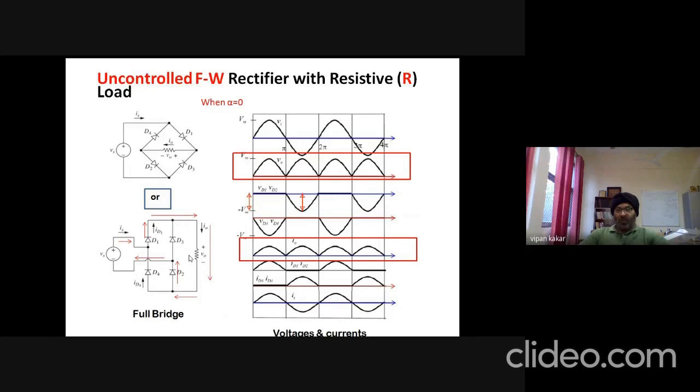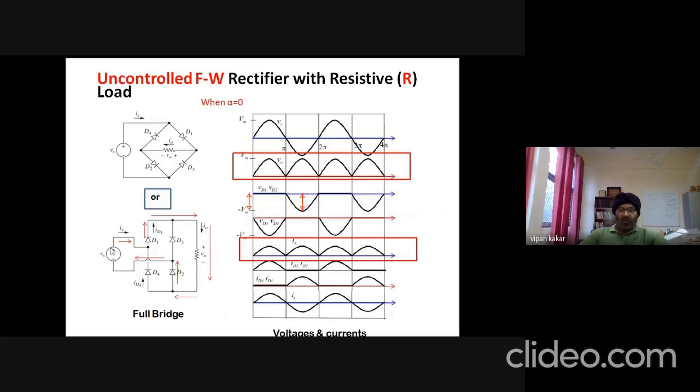So we'll have a quick overview on this one, assuming all thyristors have a firing angle of alpha equal to 0, which resembles a diode rectifier.